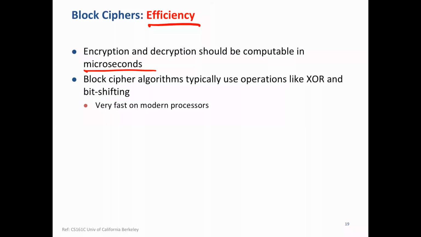Here again we are going to use exclusive OR very efficiently, and we also do a lot of manipulation like bit shifting and substitutions, right? These operations should be done at very fast speed, and XORs and bit shifting can be done efficiently on modern processors.